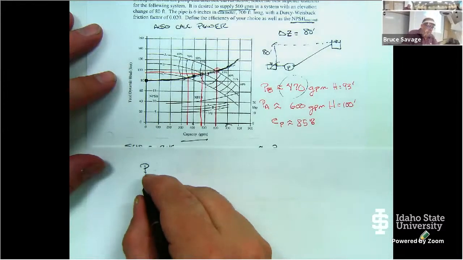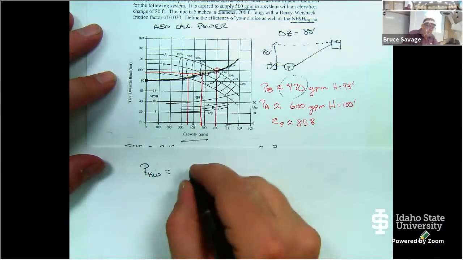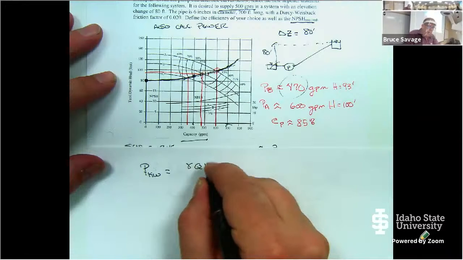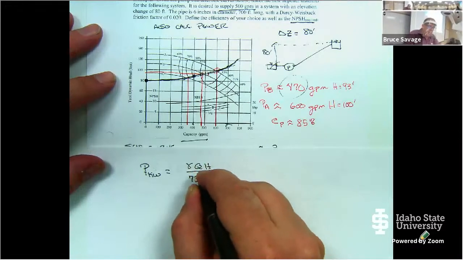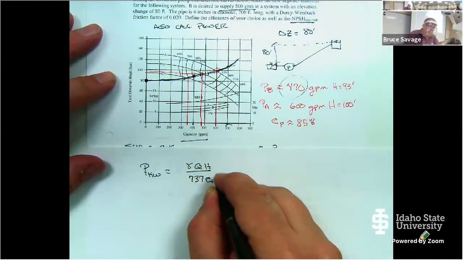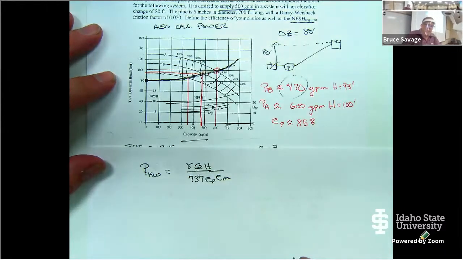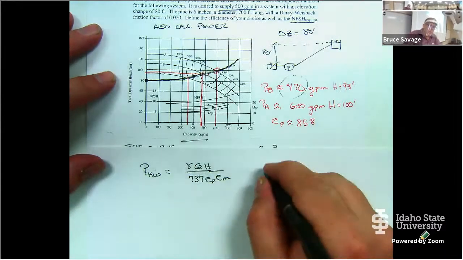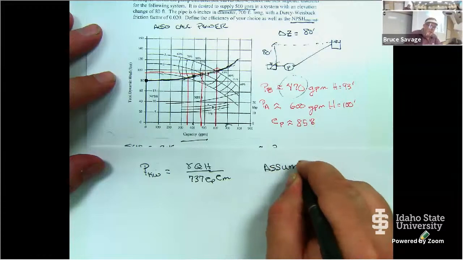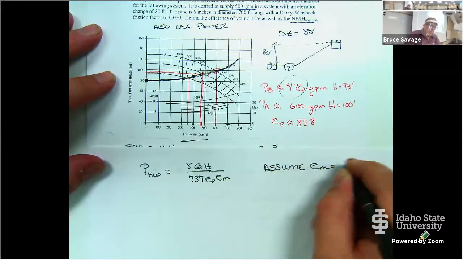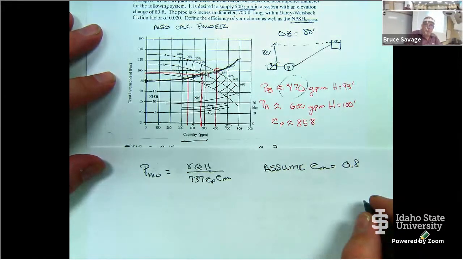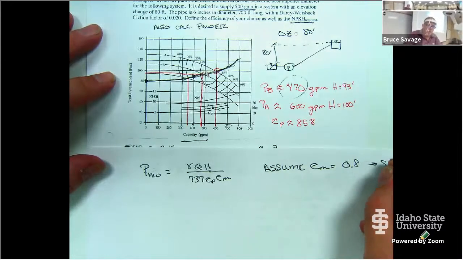Power in terms of kilowatts is going to be gamma QH divided by 737 times the efficiency of the pump times the efficiency of the motor. And let's assume that the efficiency of the motor is equal to 80%, so 0.8.